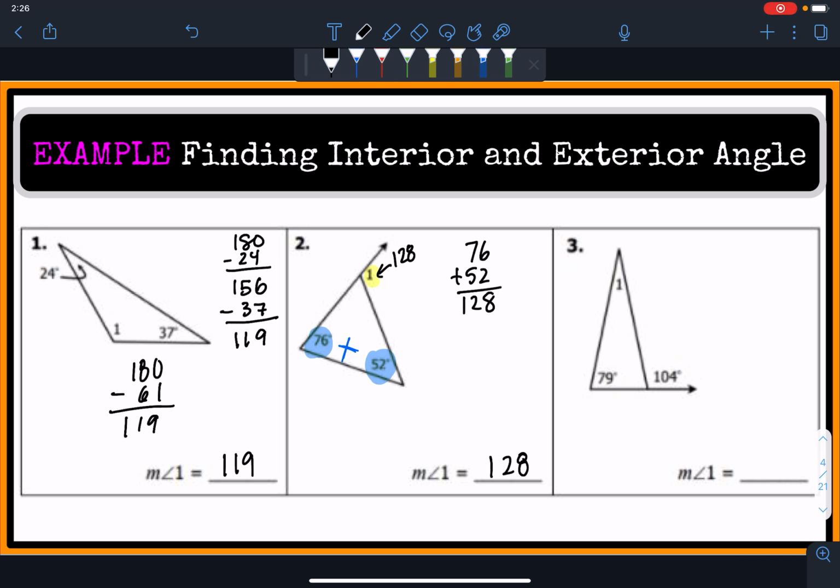And the other application of the exterior angle theorem is if we're given the outside angle instead. Like right here in the third example, we're given that this outside angle is 74. And since the sum of these two angles is going to equal 104, I can figure out the missing amount by getting the 104 and subtracting the 79, which is equal to 25.